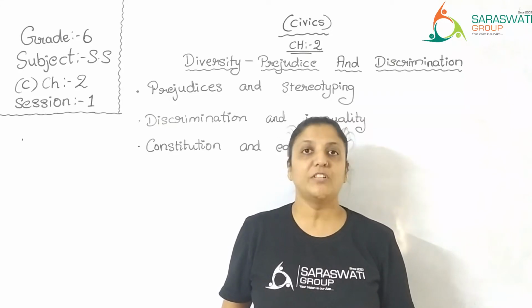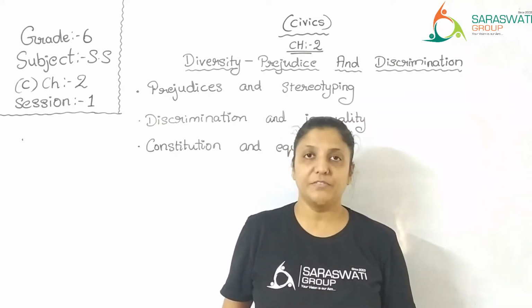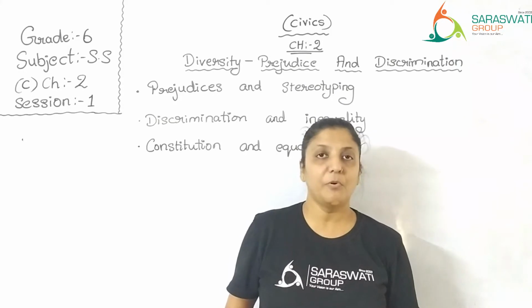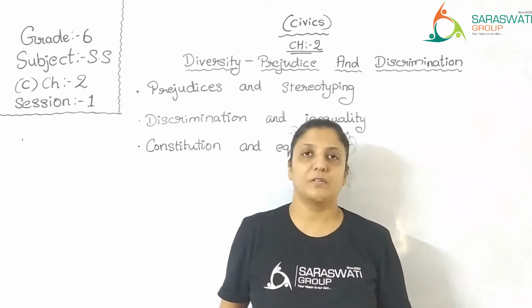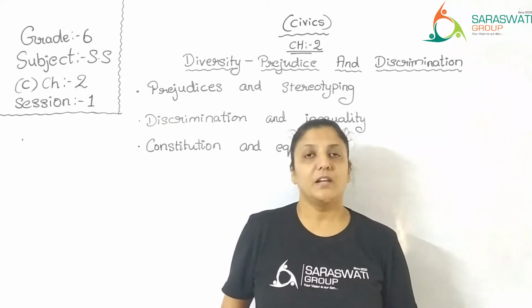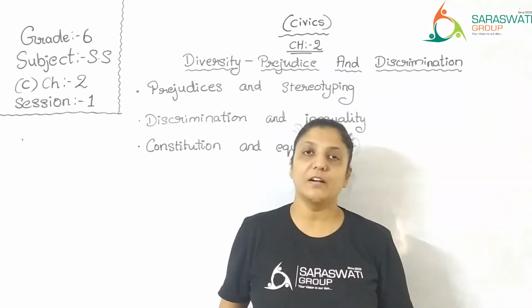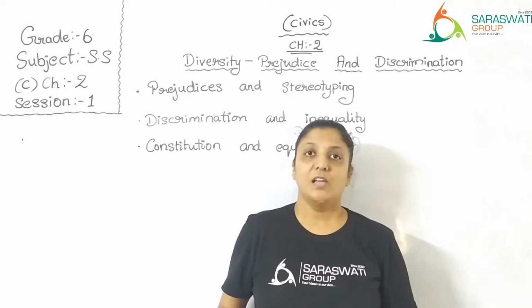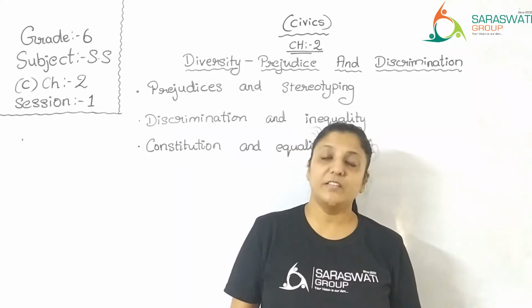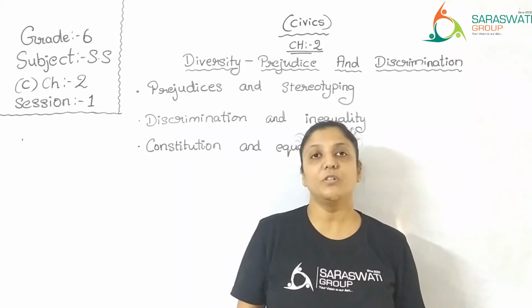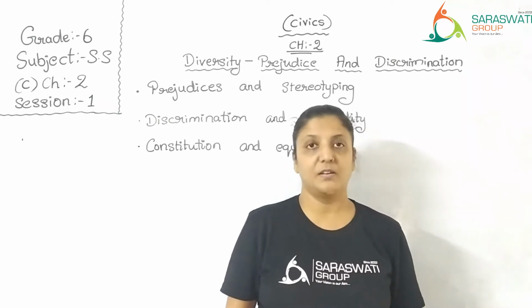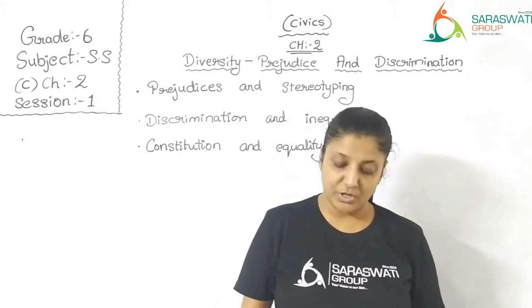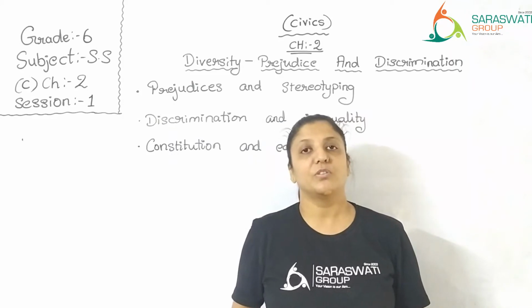We are dealing with chapter number 2 in Civics and this is my session number 1 for this chapter. So kids, in our earlier session we learned regarding diversity, meaning the difference. Now, in this chapter, we are going to learn regarding diversity, whether it is prejudice or discrimination.